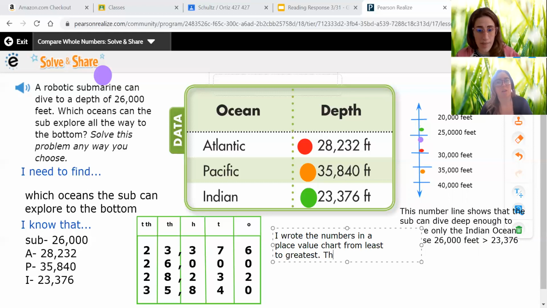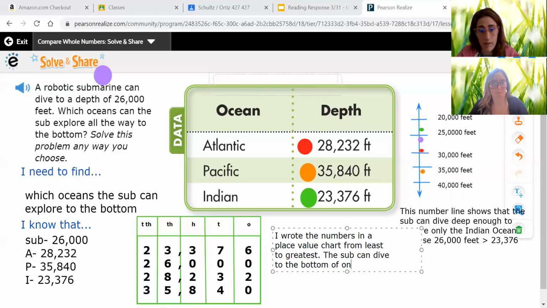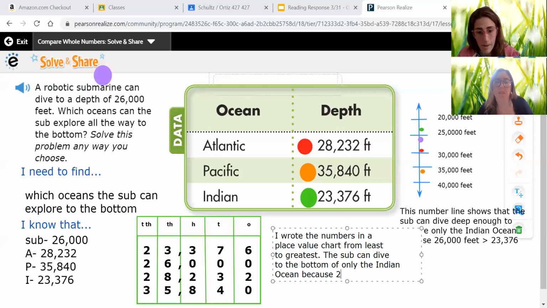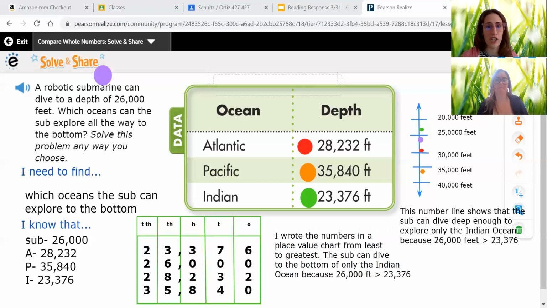So then we know that the sub can dive to the bottom of only the Indian Ocean again. Yup, only the Indian Ocean. Wow, that's how we can use place value to compare numbers. That's pretty cool. I'm just adding my number sentence here. So there you have it, two ways.